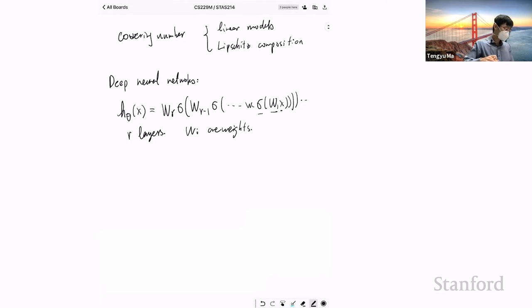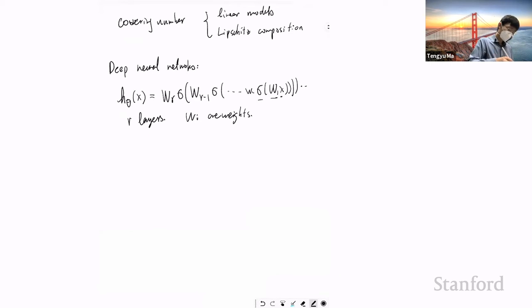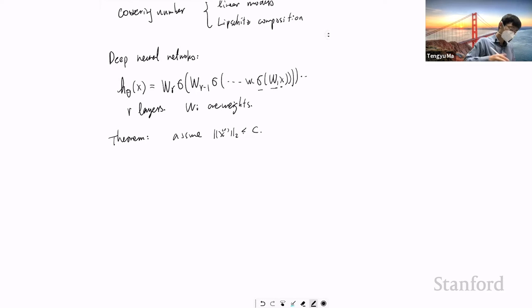The kind of bound that we're going to talk about is this theorem. Assume the 2-norm of x is less than c, and consider a family of networks H theta with some norm control of the weights. We control the operator norm of the weights to be kappa i, and we control the 2-to-1 norm of Wi transpose to be bi.